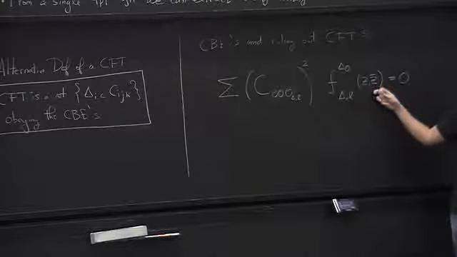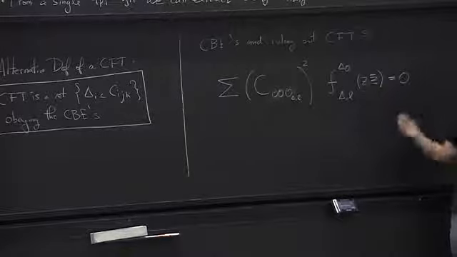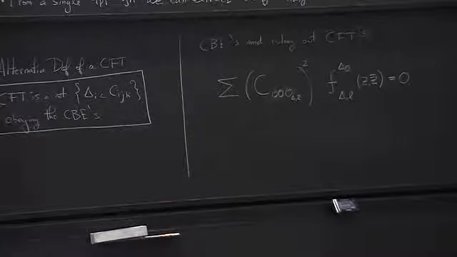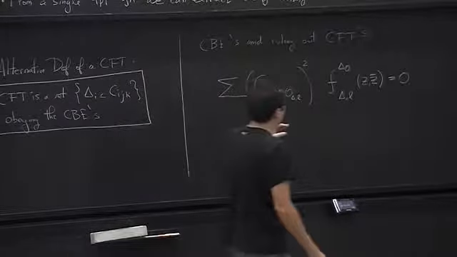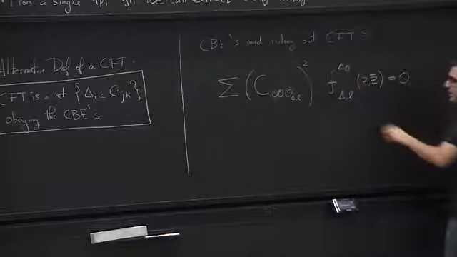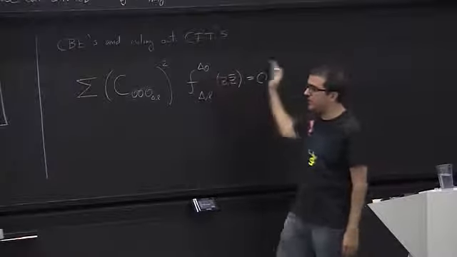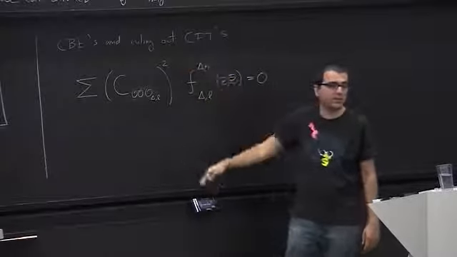We can think that this equation must be true at z equals z bar equal 1/2, for example. Okay? 1/2 is the point in between 0 and 1. It's a nice point. And it's the point where u and v become the same. It's a very symmetric point. Right? But it must also be true at z equals z bar equal 1/3, and z equals z bar equal 1/4, and z equals z bar equal 1/5, and so on. It must be true at all points. Alternatively, you can say Taylor expand this function and impose that each coefficient of the Taylor expansion gives you a different equation, and in this way you get an infinite set of equations, right?